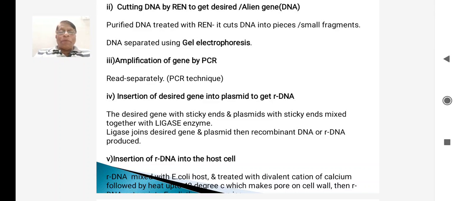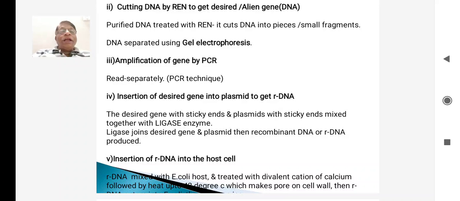Third step, insertion of desired gene into plasmid to get rDNA. Now the desired gene with sticky ends and plasmid with sticky ends are mixed together with enzyme DNA ligase.